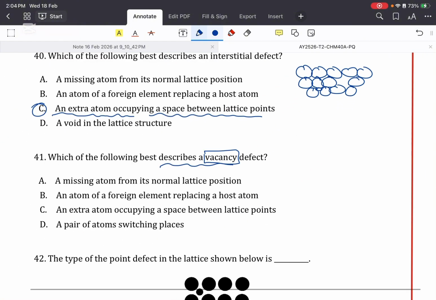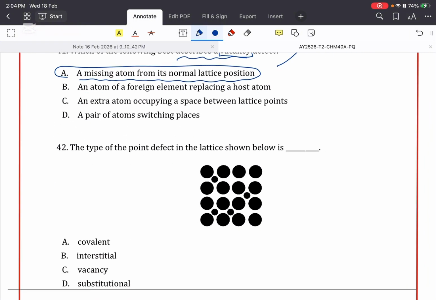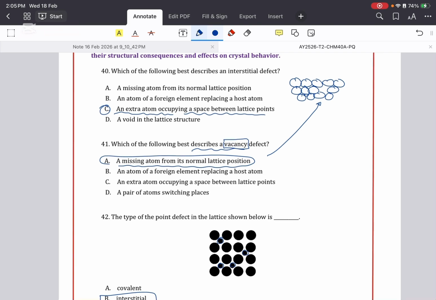So it is called vacancy defect. So there's a missing atom from its normal lattice position. Now, the type of defect in the lattice shown below, these atoms are not in their corresponding place like they should be. So this is an interstitial vacancy.